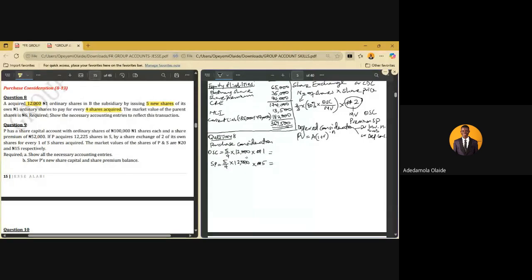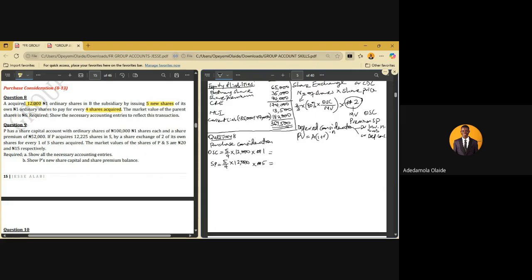What do I mean by this? This 5/4 times 12,000 is the shares you want to acquire in the subsidiary. If we multiply it by 5/4, it will give us the number of shares they are issuing to finance the acquisition.